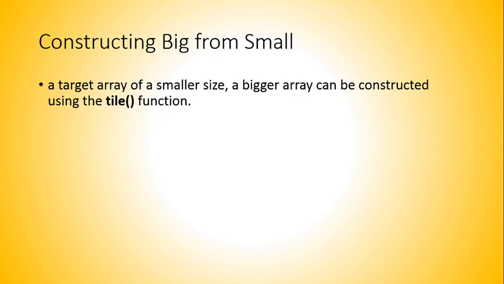Tile makes a copy of an existing array a defined number of times. If you ask the tile function to repeat 3 times, it will create a new array with the elements repeated 3 times.